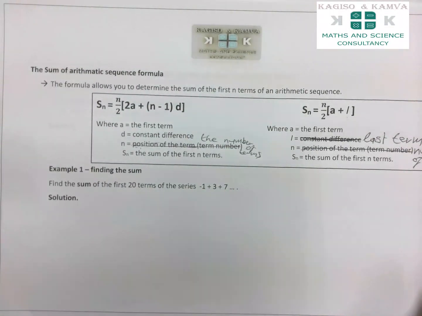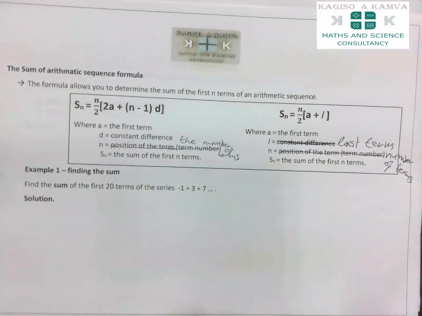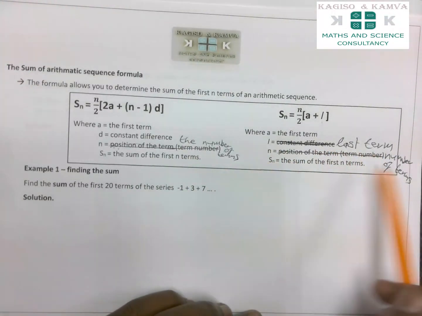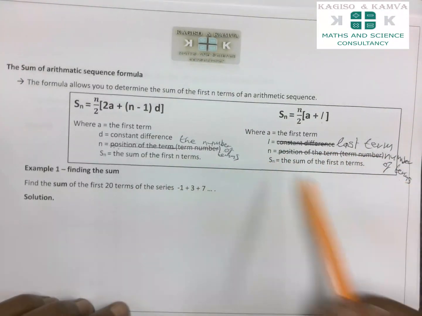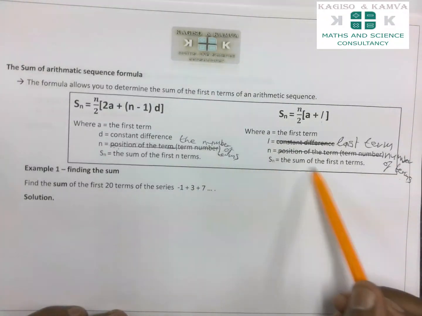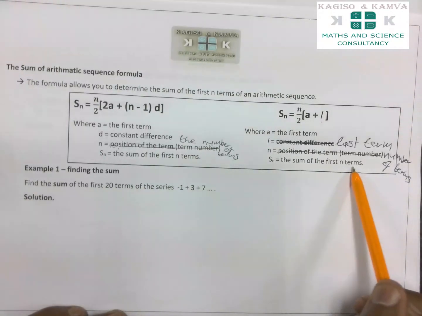Good. Now, L is for the last term, and n is for the number of terms. Sn is equal to the sum of the first n terms.